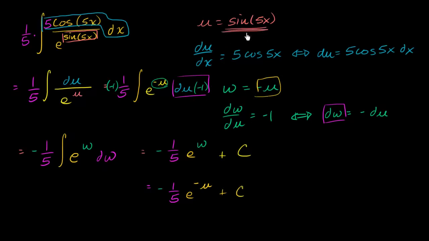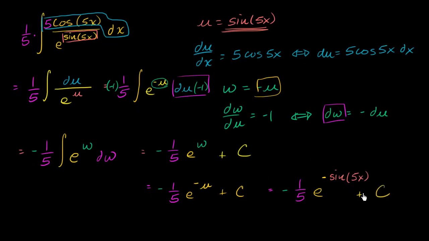So we can write this as being equal to negative 1/5 times e to the negative u, which is negative sine of 5x, and then finally we have our plus c.